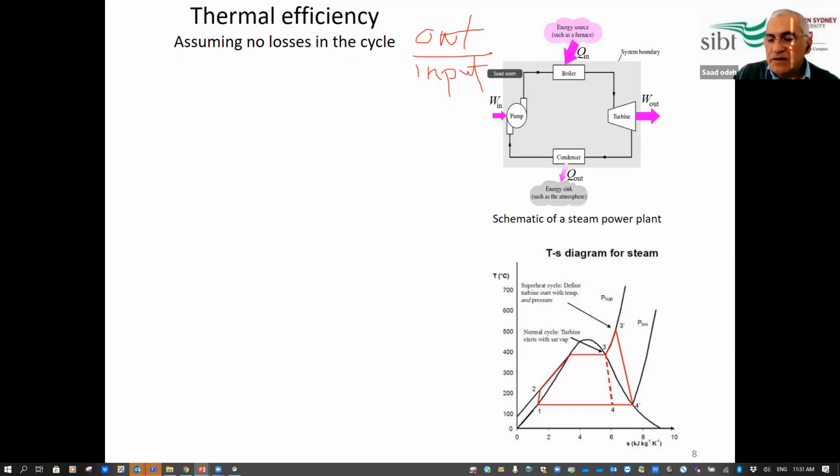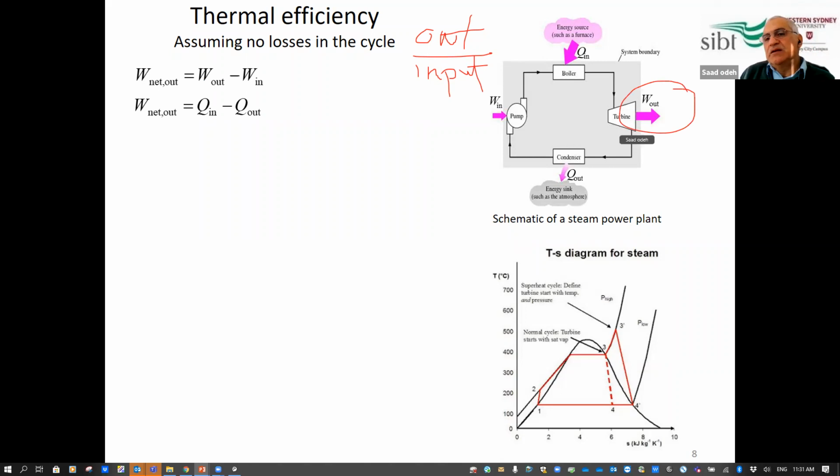Okay, so now if I want to extend this, the output here is the work from the plant. But the work of the plant is not completely converted to output, because some of the work I need to operate the pumps inside the plant.